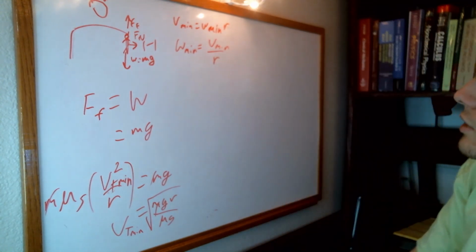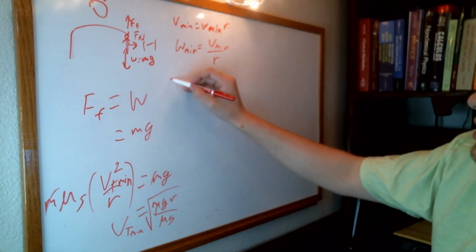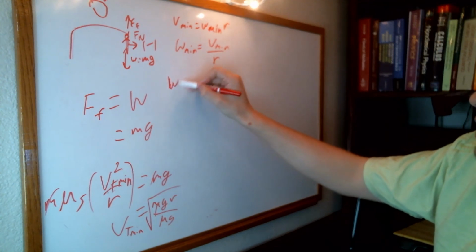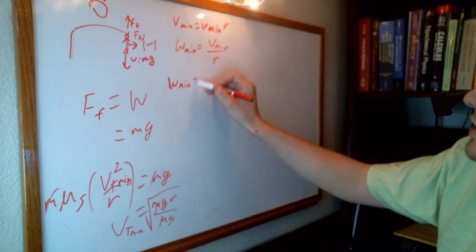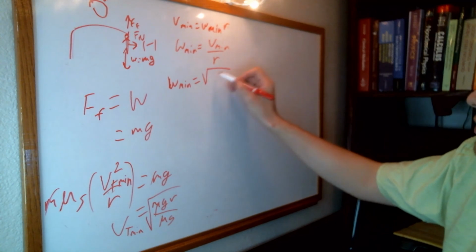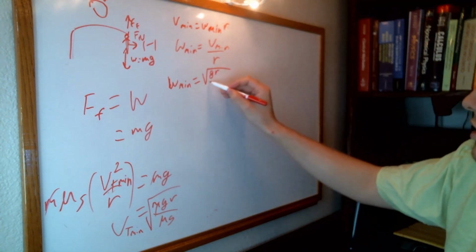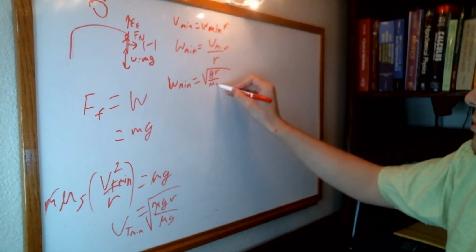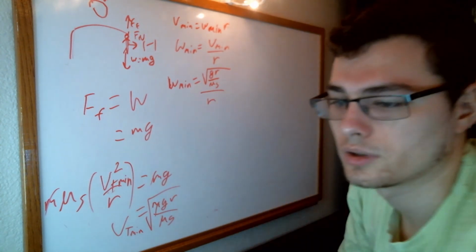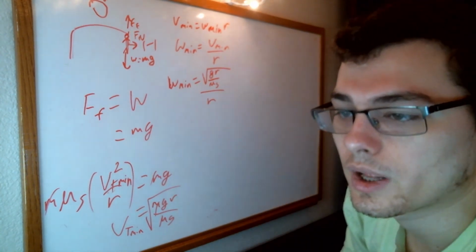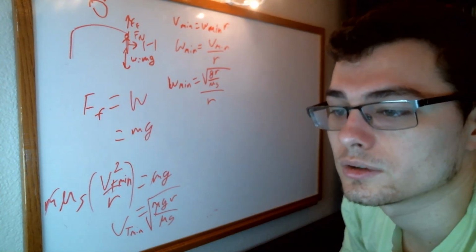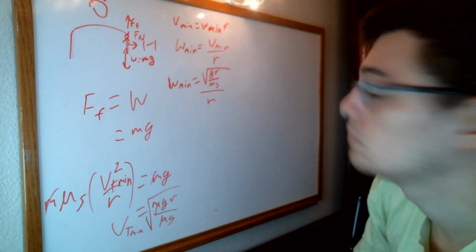And so then we just need to plug in what these are. So omega min is going to equal the square root of gr over mu s, over r.